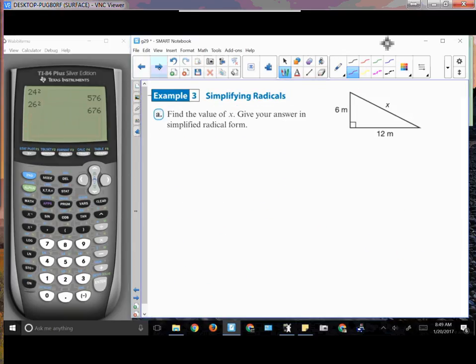Now, where things start getting a little on the trickier side is when you don't have things coming out to be nice whole numbers. So, work through this one. I've got A, I've got B, and I've got C. So I've got 12 squared plus 6 squared is going to be equal to x squared. 12 squared is 144. 6 squared is 36. And this is equal to x squared.